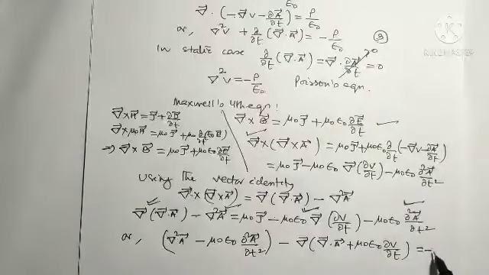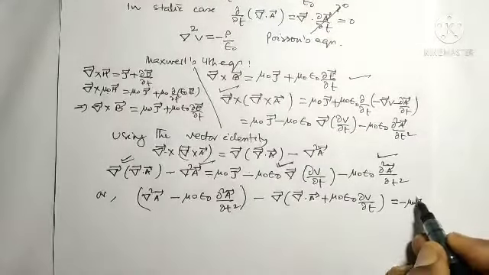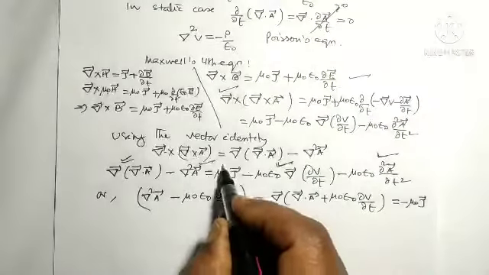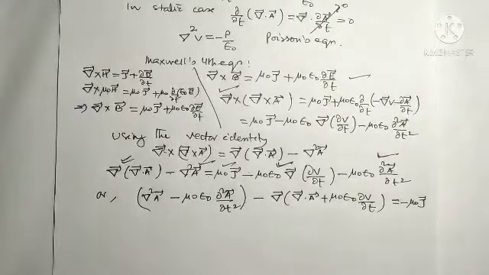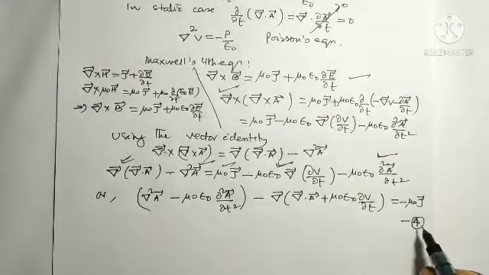So this is equal to minus mu 0 J, the term mu 0 J transferred to the other side. So this is equation 4.